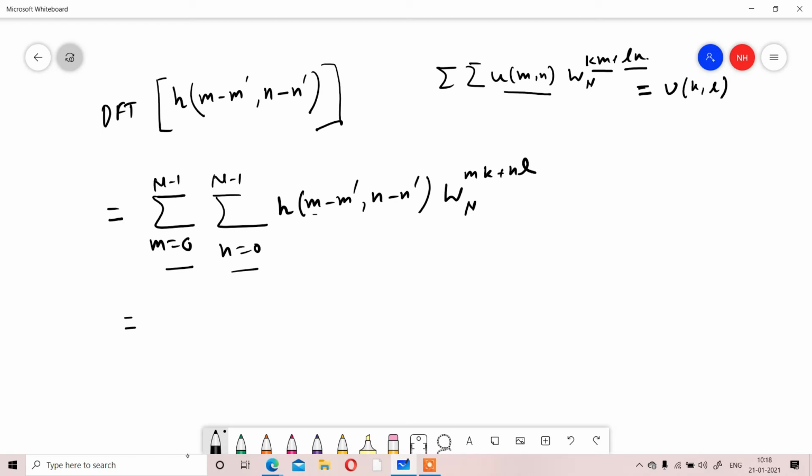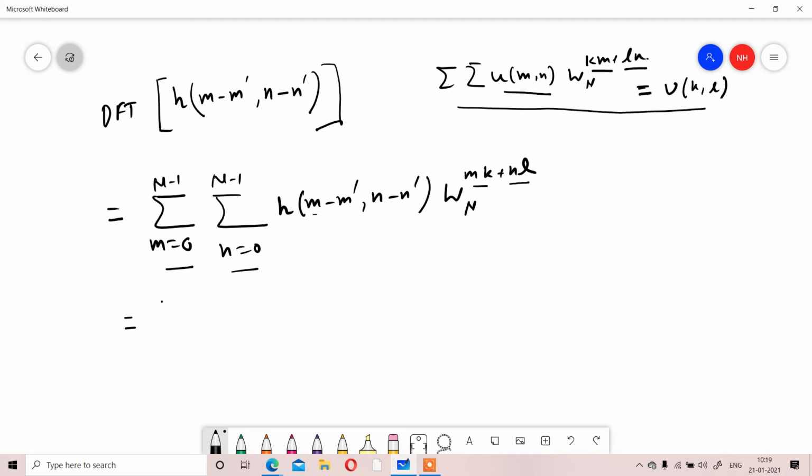But here you have h(m-m', n-n'), that is not related to that expression. So to calculate the DFT from here, simply for km you have to make (m-m')k, and for nl you have to make (n-n')l, to put the overall expression in that format.